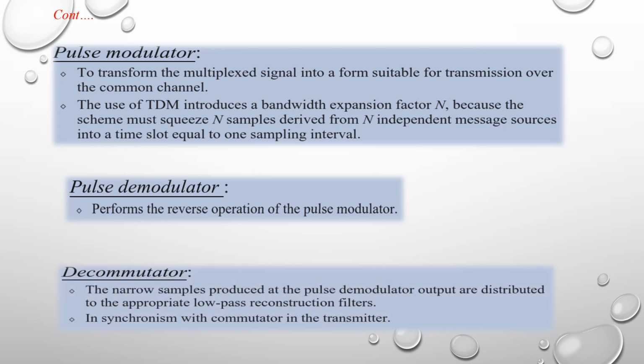The main function of the decommutator is that the narrow samples produced at the pulse demodulator output are distributed to the appropriate low pass reconstruction filter in synchronism with the commutator in the transmitter. So the output of the decommutator is applied to the reconstruction filter, and across each reconstruction filter we receive the original message signal.